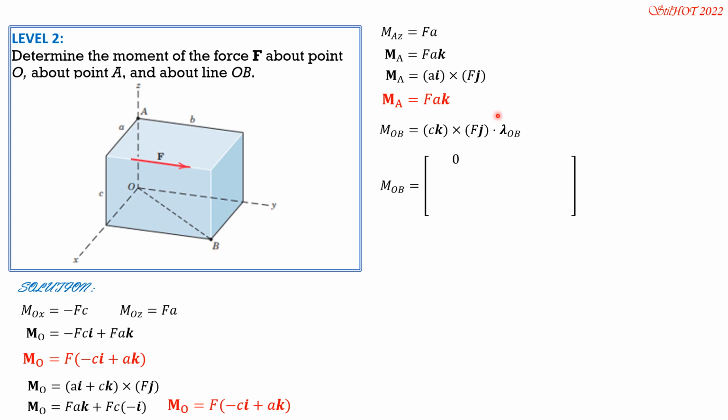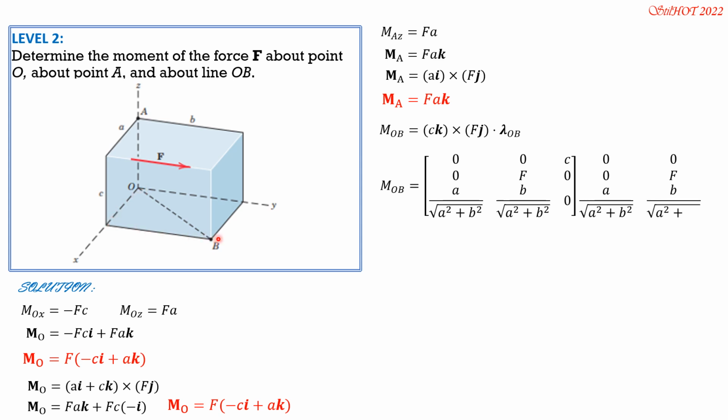So the technique here is components of the first, which is 0, 0, C, K, 0x, 0y, then C. Components of force, which is along y only, so 0, F, 0. Then lambda of OB is again AI plus BJ over square root of A square plus B square. So along x, A over square root of A square plus B square. Along y, this is B over square root of A square plus B square.